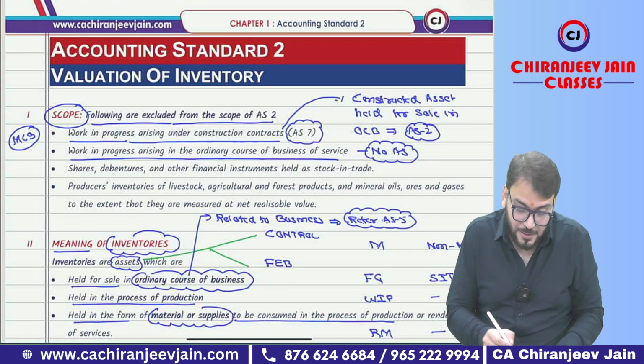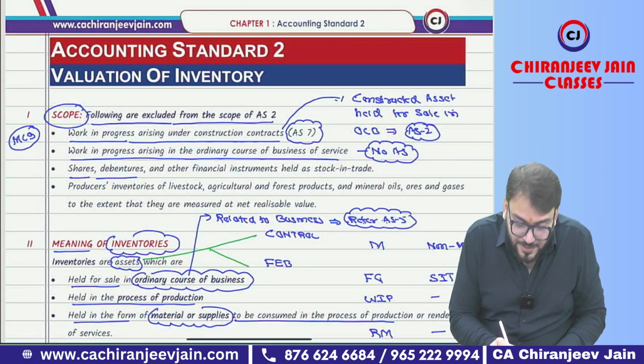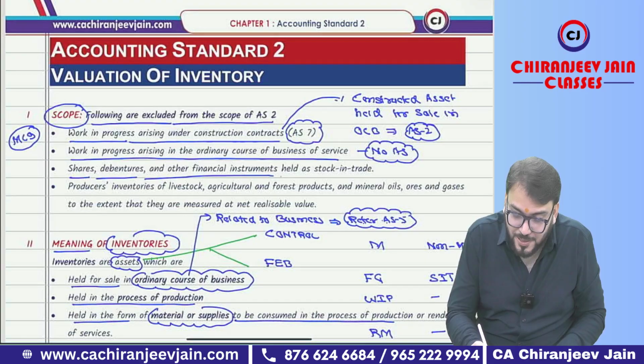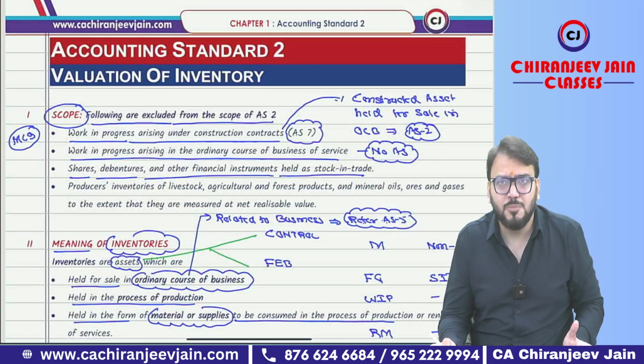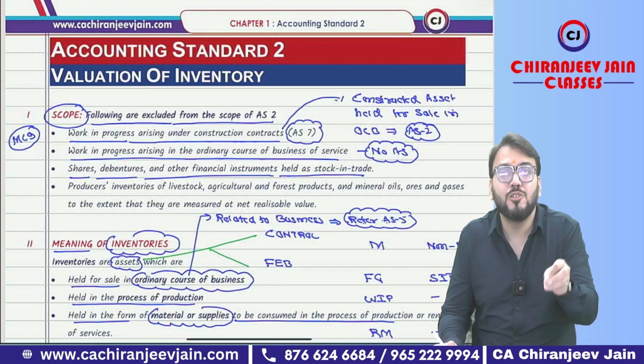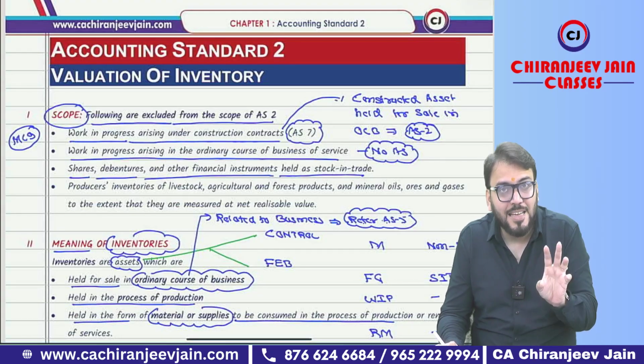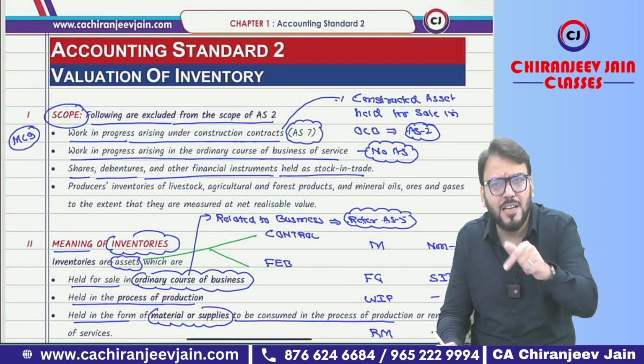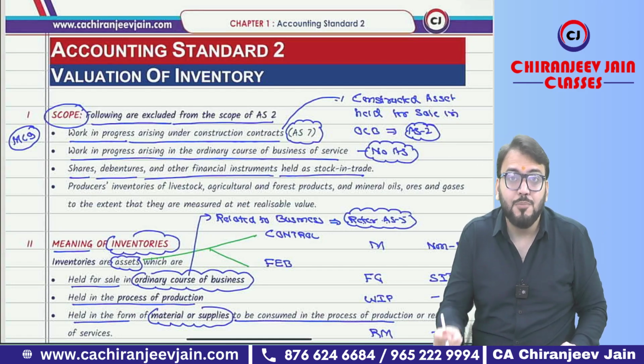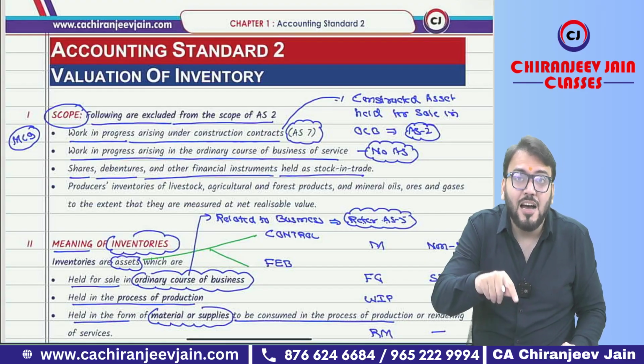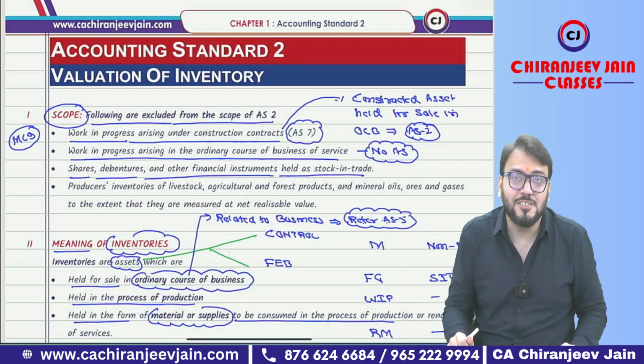AS2 is not applicable. Then any shares, any debentures, any other financial instrument held as stock in trade. It is quite possible we are doing trading of equity shares of other companies, meaning we buy and sell equity shares. That will meet the definition of inventory, because in that case equity shares are held for sale in the ordinary course of business.